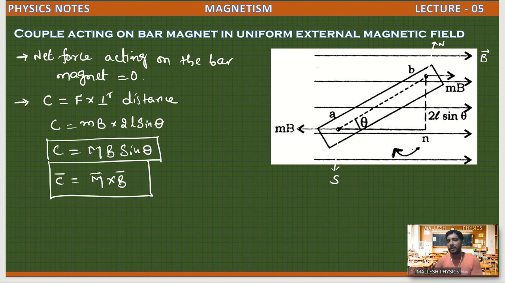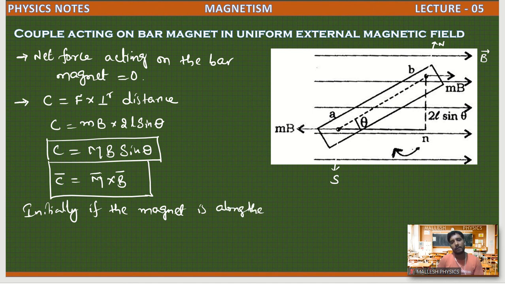Initially, if the magnet is along the direction of the field, then the couple acting on it is zero. Why? Because theta is 0, that is the minimum.